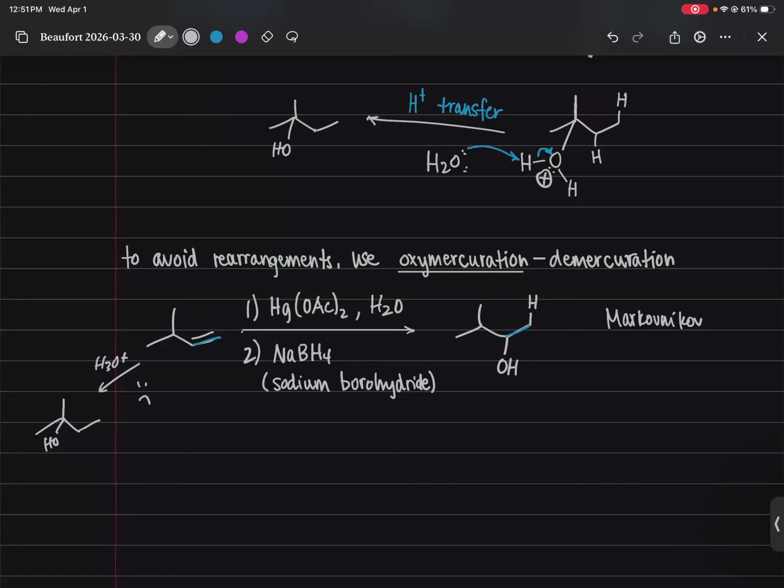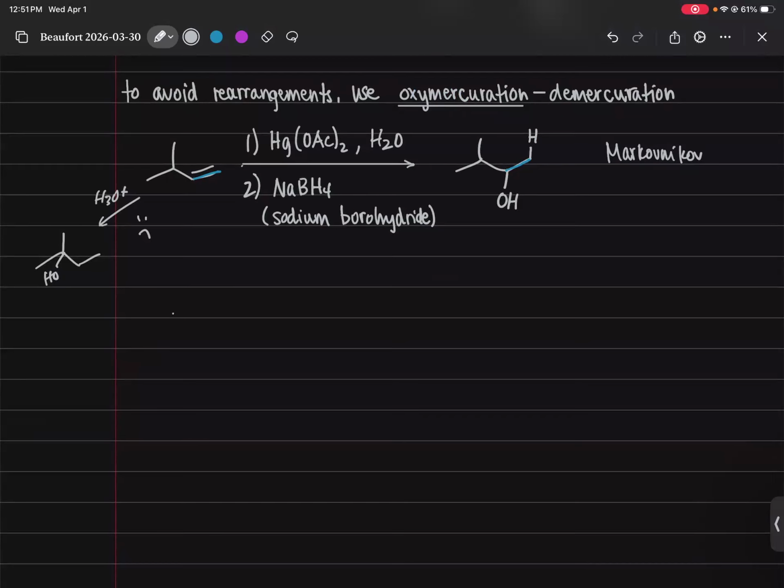So, if we have a molecule, I don't know, like this, where, okay, if we do the first step of the regular hydration with H3O+, that's going to give us a hydrogen on the less substituted carbon and a carbocation there.